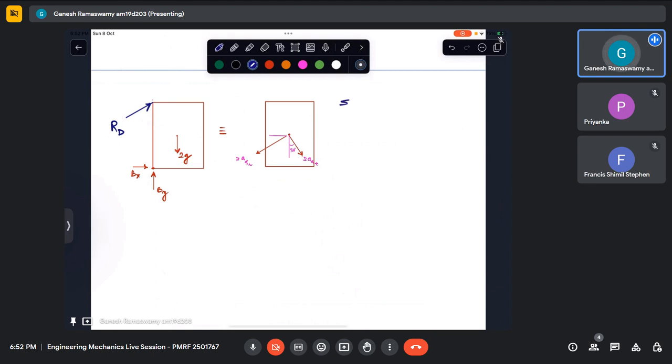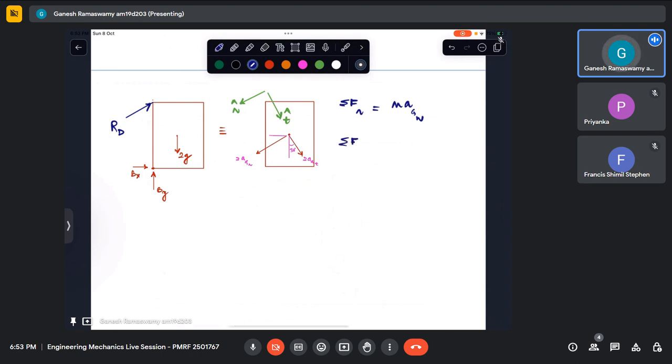So I know that sigma F along this n is this direction, and this is T cap. Okay, so summation of forces along n is nothing but M a_G along n.